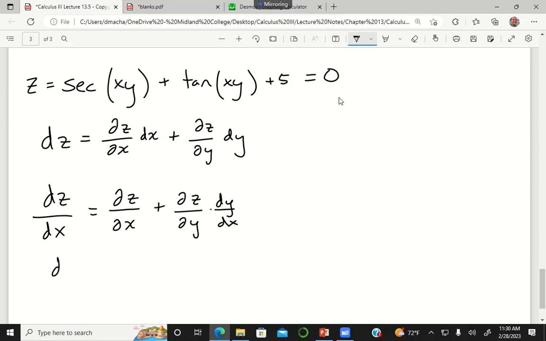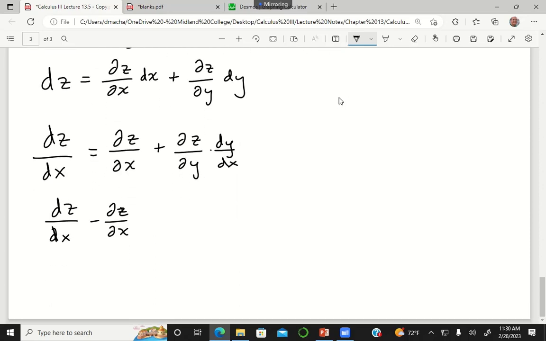And so then I subtract that, and then I would need to divide everything by partial z partial y to get dy dx like that.